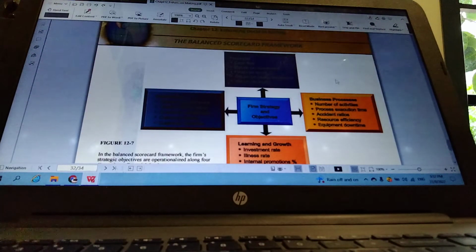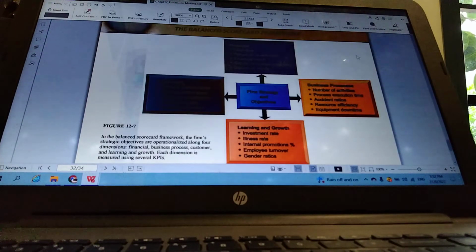An example of a balanced scorecard framework or dashboard is also available for you to go through in the current slide, where areas such as financial departments, customer departments, and business process departments are using expert systems or decision support systems in the process of decision making.